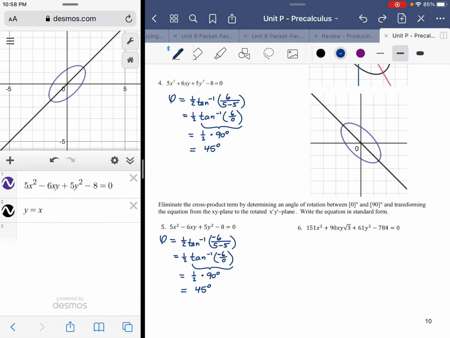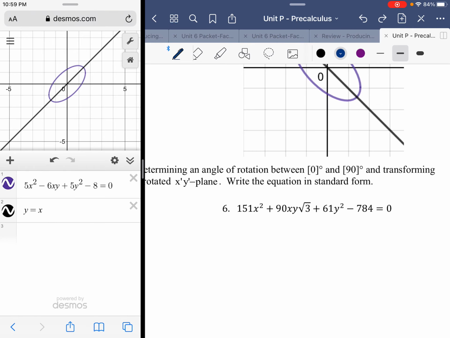But in this case, we're looking at this sort of figure. It is still a 45-degree movement. So the direction is a limited cross-product term, by determining an angle of rotation between 0 and 90 degrees. And again, that's all we're looking for. We're just trying to determine what the correct angle of rotation would be.